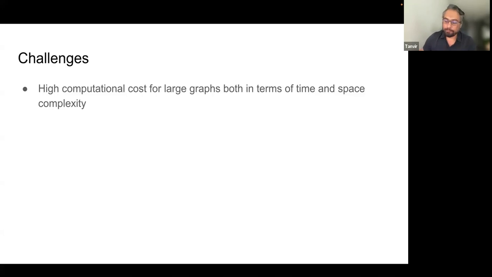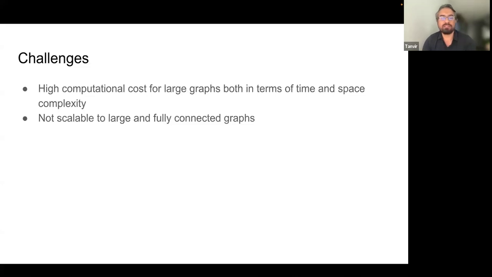That's why it's very specialized for small molecules or large molecules, but on a molecular level. It's also not scalable to large and fully connected graphs, which means that if every atom is connected to every atom, a fully connected graph, it would also take a long time to learn because it has high time and space complexity.